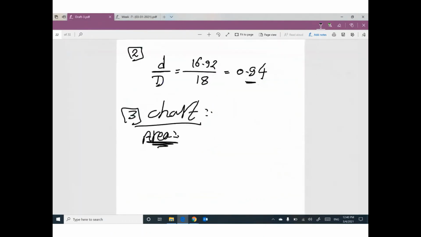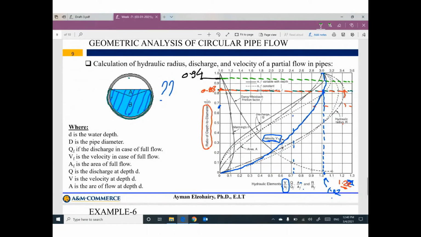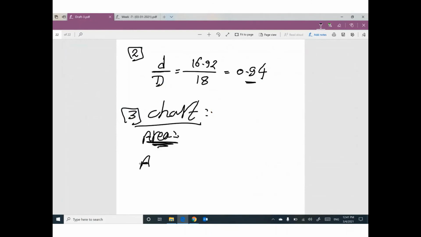Okay, we are looking for area, so I will use the curve for area. This one. This intersection will be approximately at 0.9798. So the ratio area divided by area full equals 0.97.